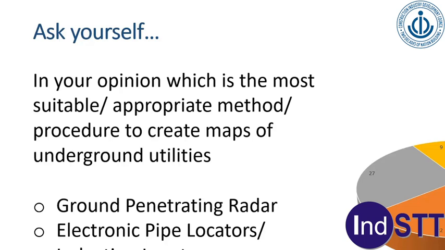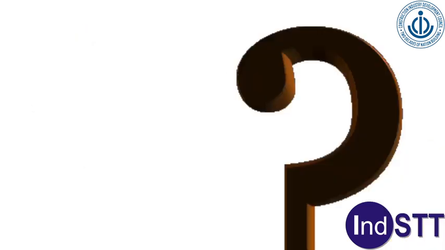Of course, you will not be able to answer this question, but with my experience of doing this lecture live, the kind of answers I get: 42% say GPR, around 22% say EPL, and 27% say trenching, and around 9% say other. So that's the kind of response which we get. I will come back to this question at the end of this presentation again.